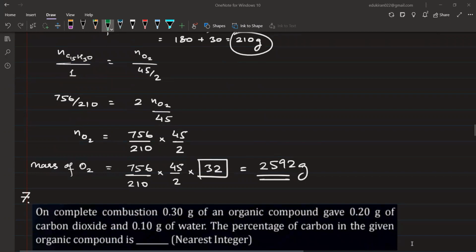चलिए ये calculate कीजिए. On complete combustion of 0.30 grams of an organic compound, it gave 0.20 gram of carbon dioxide and 0.10 gram of water. The percentage of carbon in the given organic compound is dash.